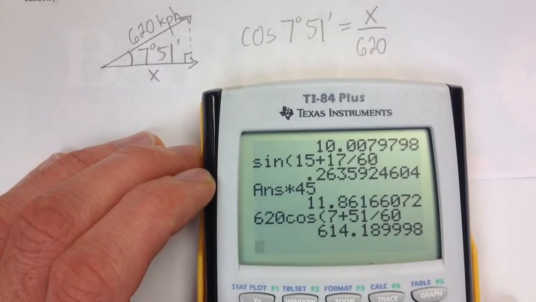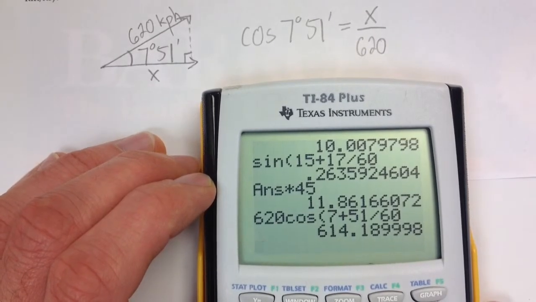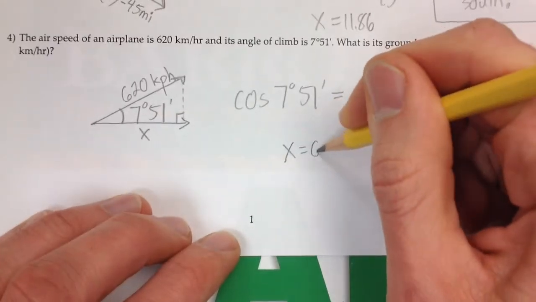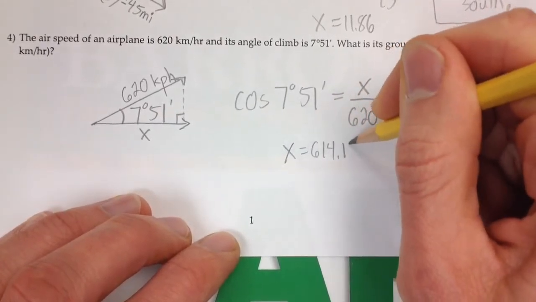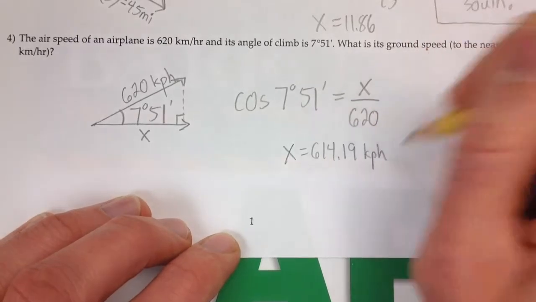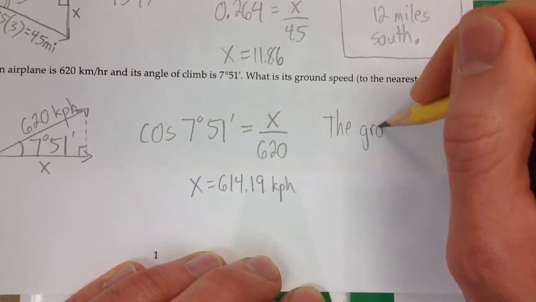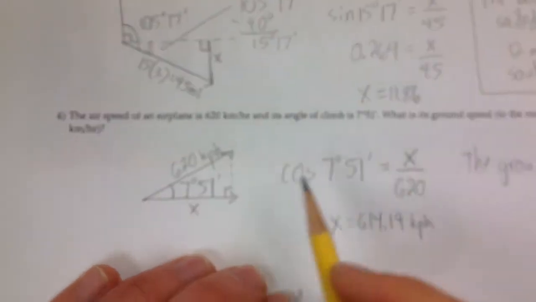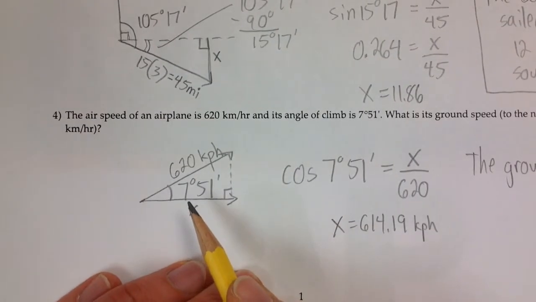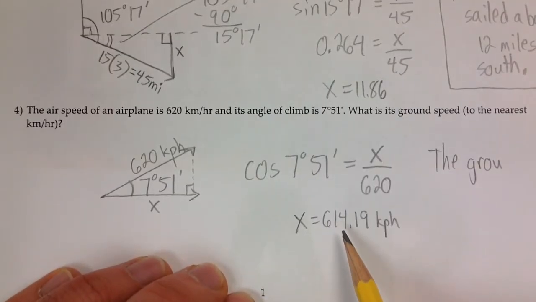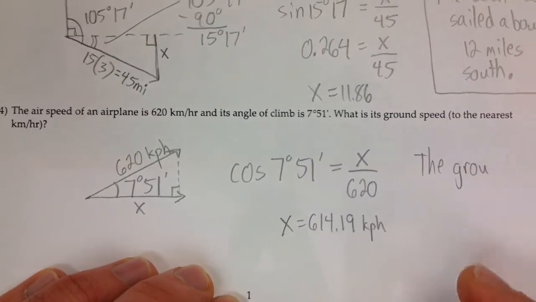Our ground speed is 615 kph. So every hour, if this plane maintains this angle of climb, we are going to cover 614 kilometers on the ground. That's what that means.